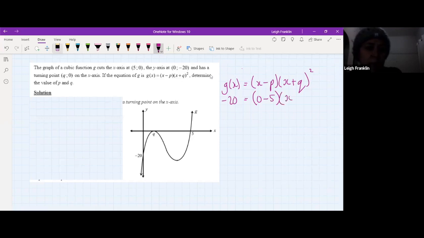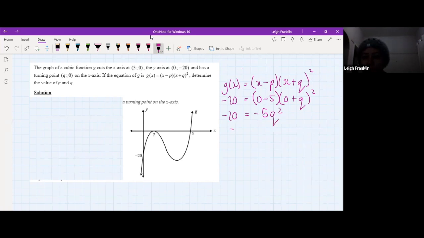Oopsie, sorry, not x, beg your pardon. And then here, we should have 0 plus q squared, which would obviously be q squared. Did you guys get that? So you would have ended up with minus 20 equals negative 5 q squared.